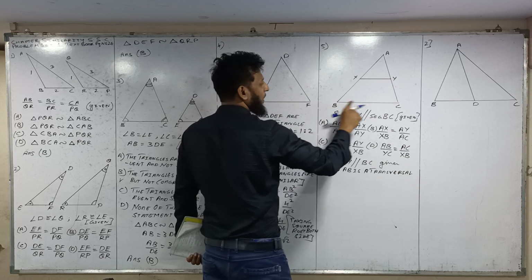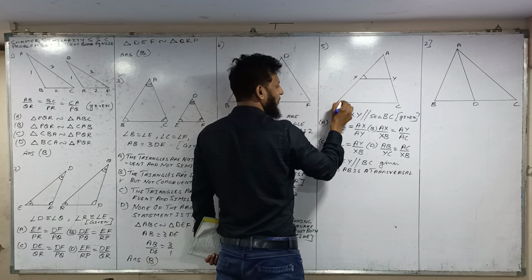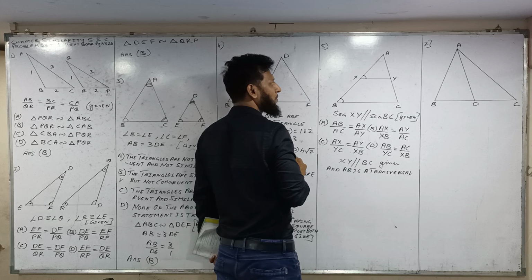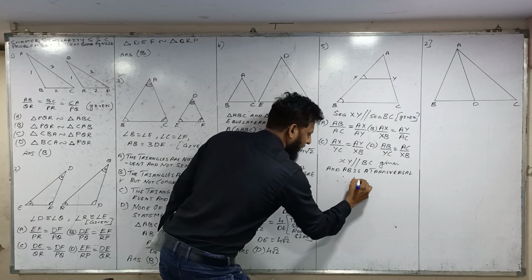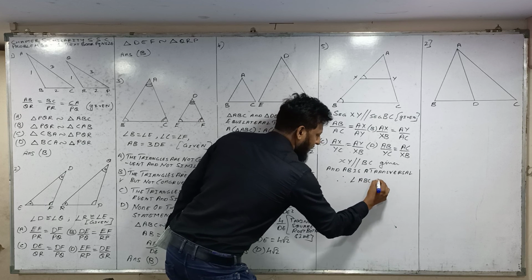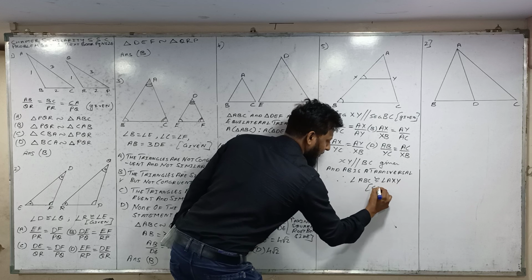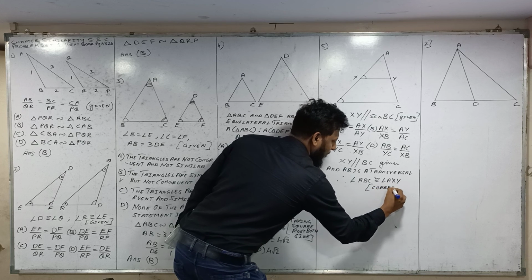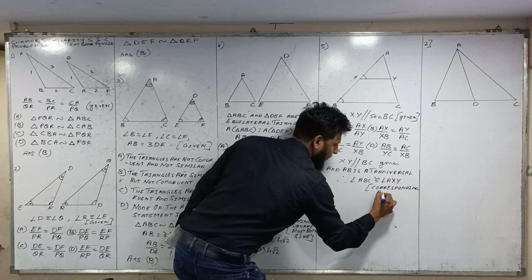This XY is parallel to BC and AB is a transversal. That means this angle is congruent to this angle, corresponding angle ABC. Therefore angle ABC is congruent to angle AXY, corresponding angles.